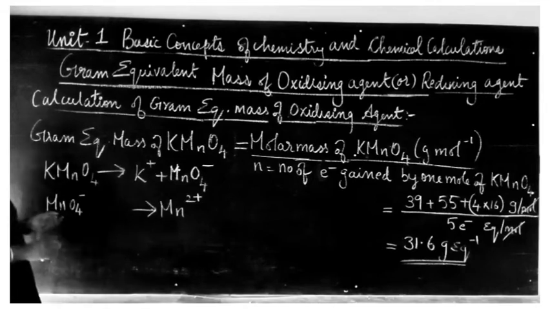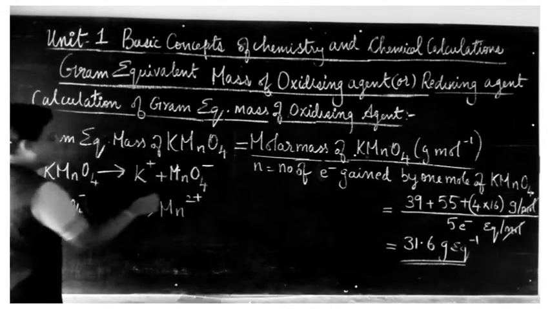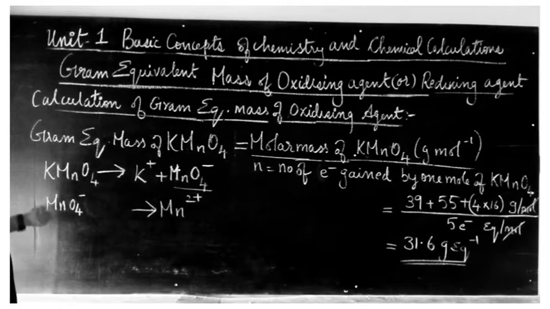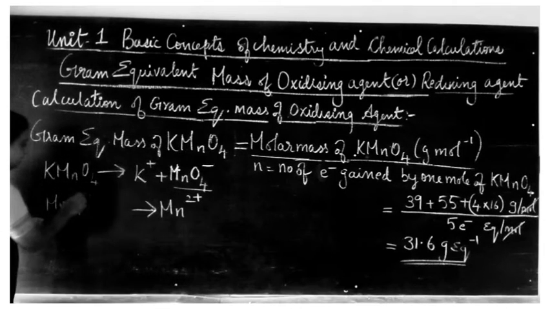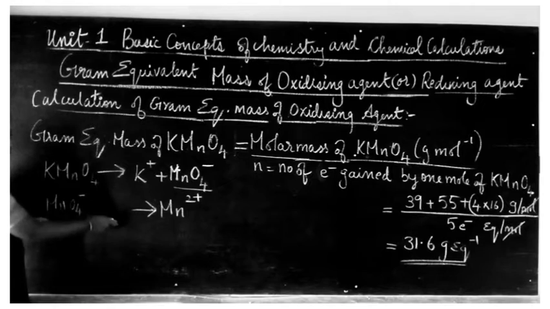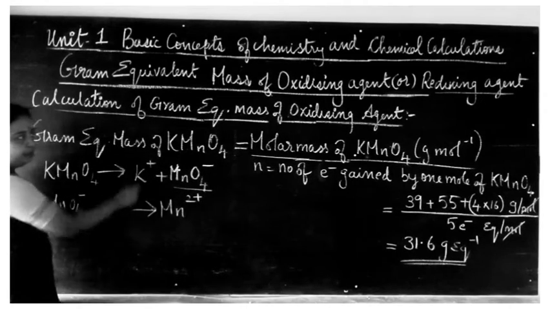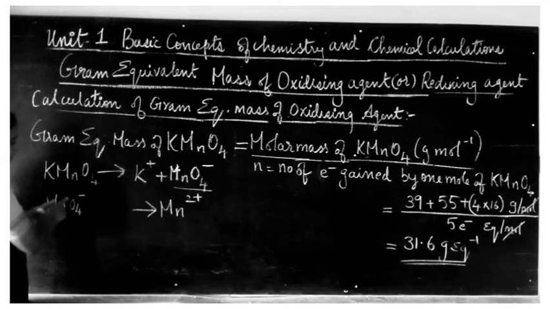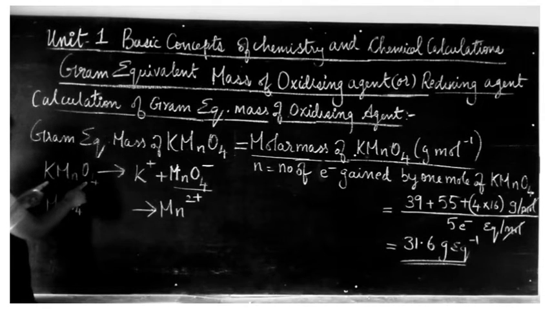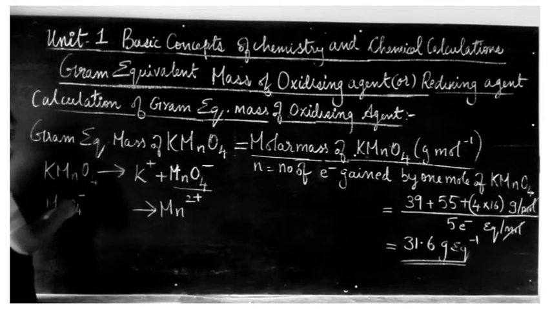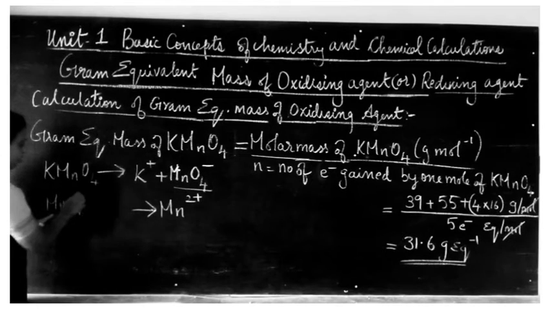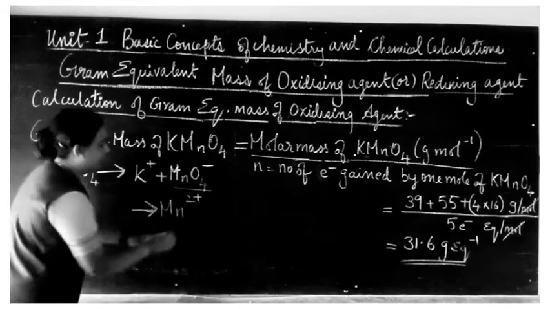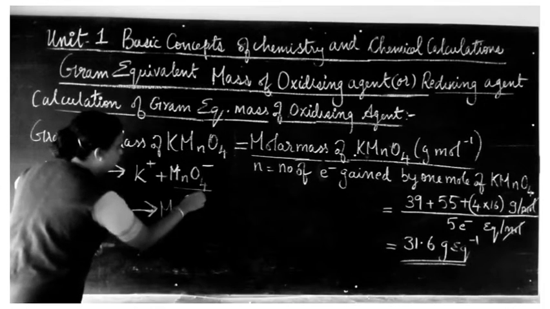To study the number of electrons gained, we consider the anion MnO4 minus. This MnO4 minus, present in KMnO4, is getting reduced to Mn2 plus ion.